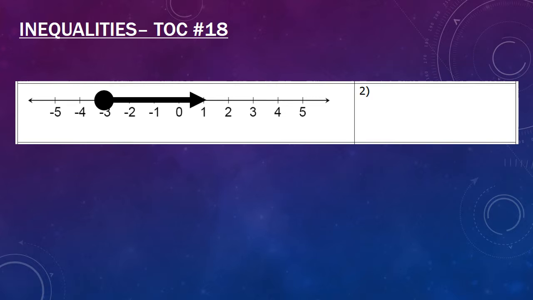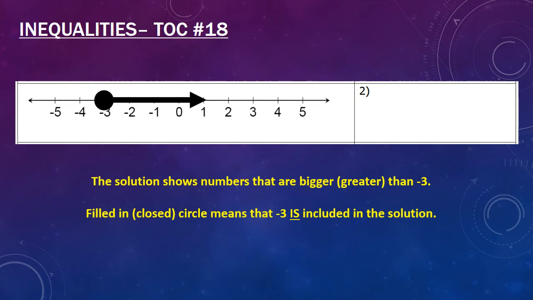In this example, we have a filled in circle, which means that -3 is part of our solution. So the solution shows numbers are bigger or greater than -3, just like in the previous example of 2. But since the circle is filled in, that means -3 is included in the solution.